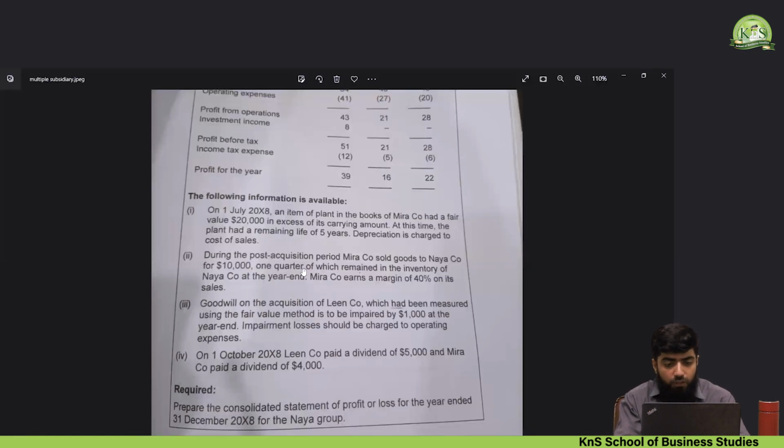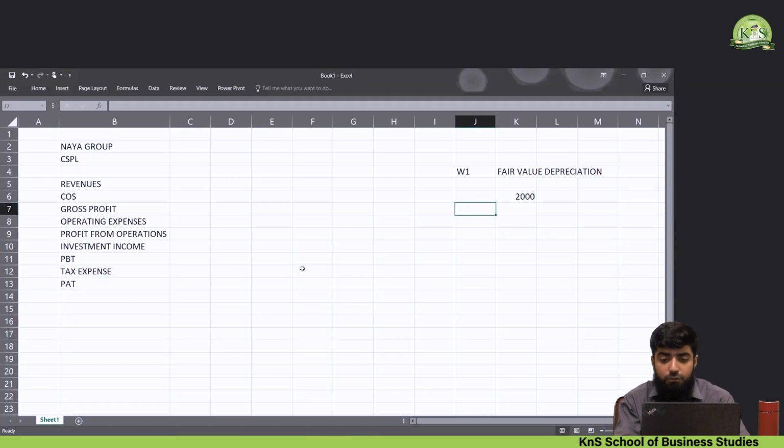The second adjustment: during the post-acquisition period, Mira, that is the subsidiary, sold goods to the parent company, Naya.